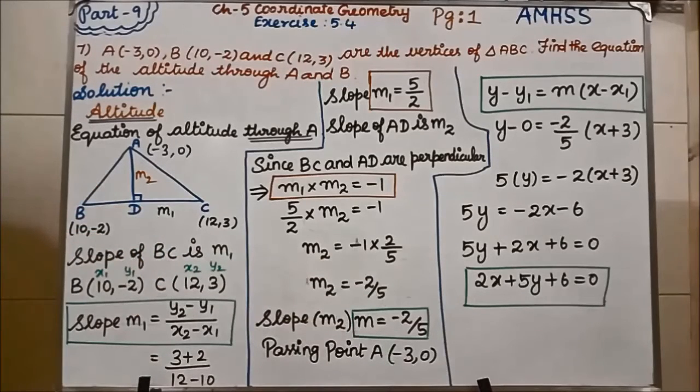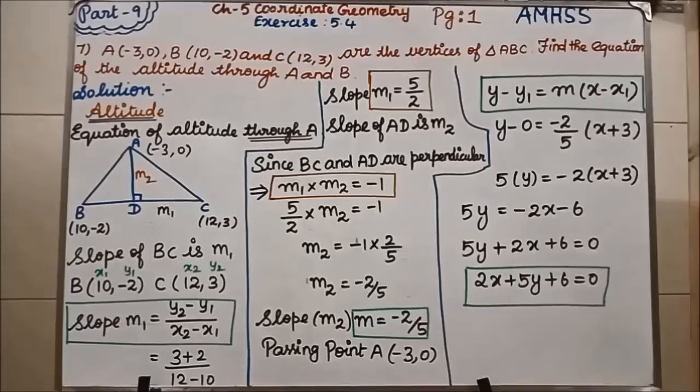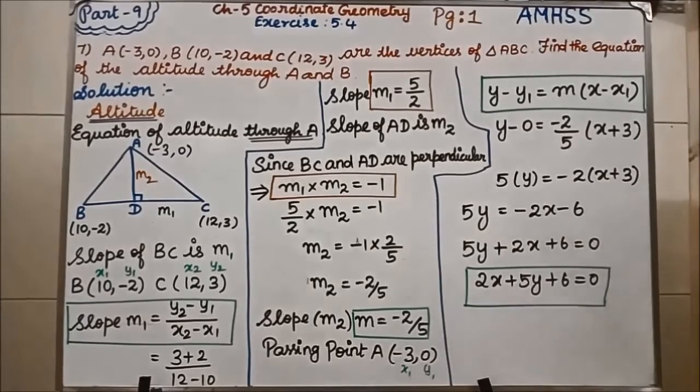One slope, one point means what is the formula? y minus y1 is equal to m into x minus x1. That is our formula. Clear, students? Do you know which is x1, y1? Minus 3 is our x1, 0 is our y1. So we are substituting here. One point, one slope. Okay.